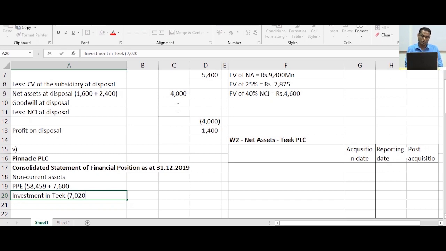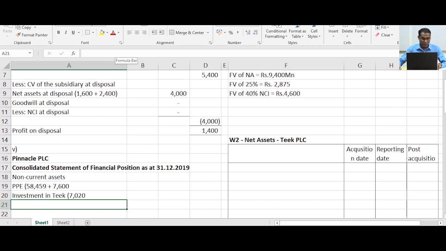First of all, we'll take all the numbers to the face of the statement of financial position, and then we'll take them out, because this investment balance is required for the goodwill calculation. So later on we'll take that. First of all, we'll write down the figures into the relevant places. Then investment in Small Limited is 0, because as I mentioned, the entire investment in Small Limited was disposed of on 1st January 2019. There is nothing by the year end.